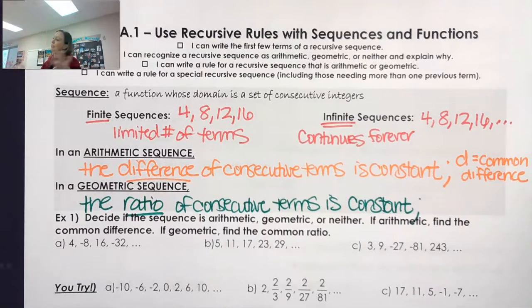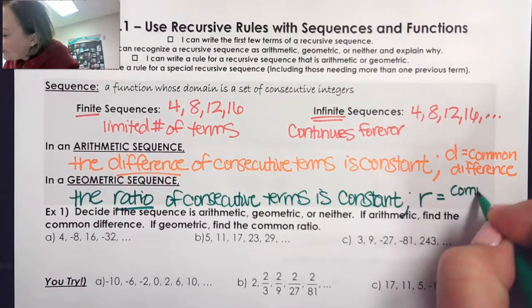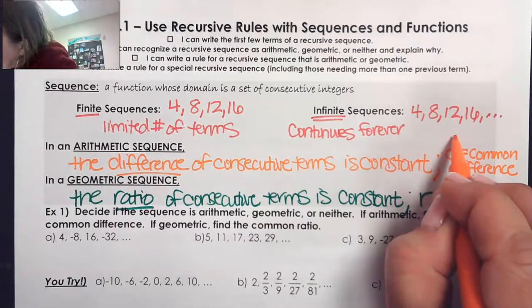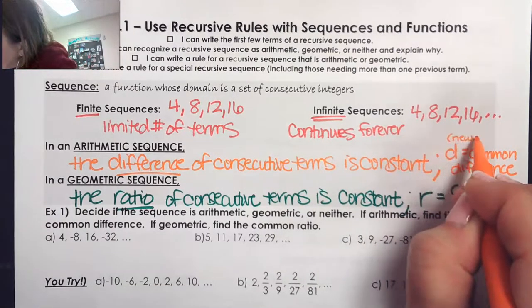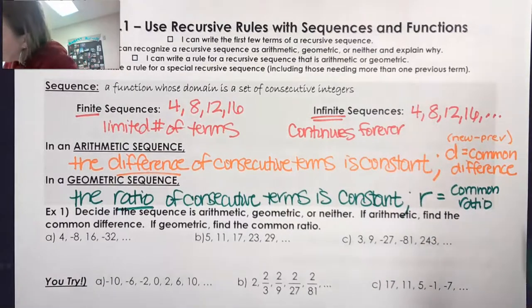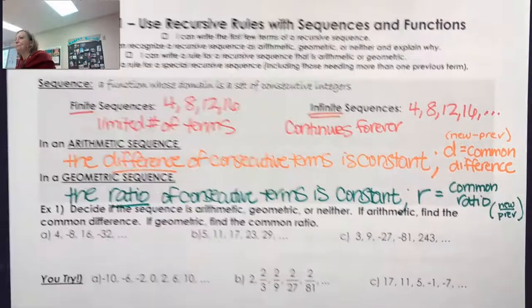So geometric sequences look exponential because we're going to be multiplying. And we're going to call r this common ratio. So the common difference, we find by taking the new term minus the previous term. And the common ratio, you find by taking the new term divided by the previous term.